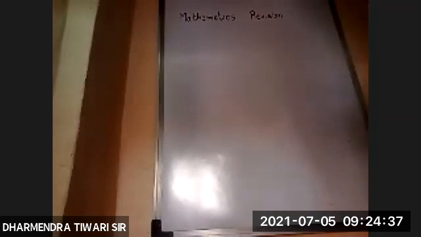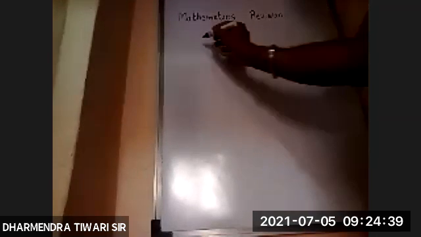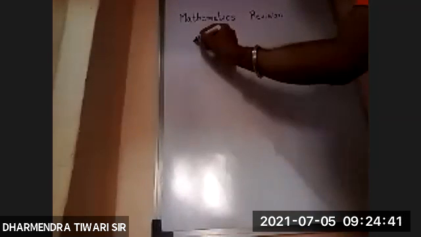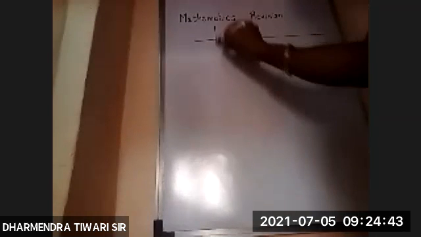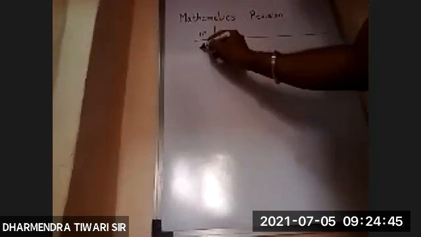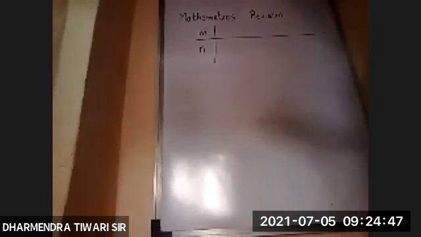So we have a table, say m and n are there, and both are varying directly.